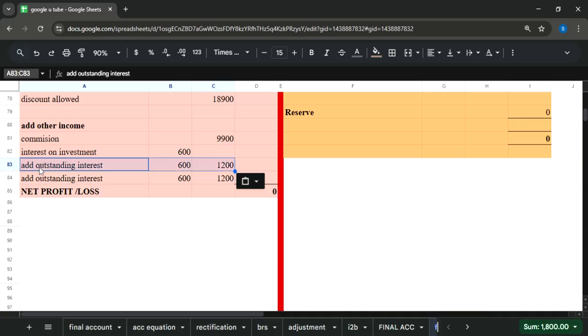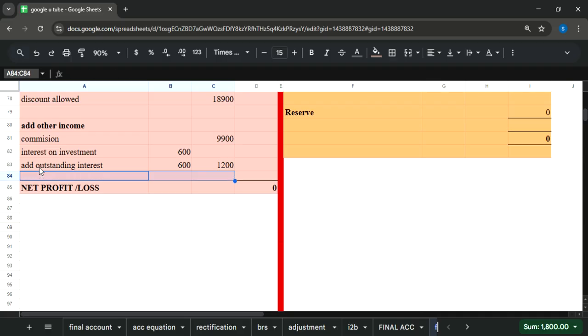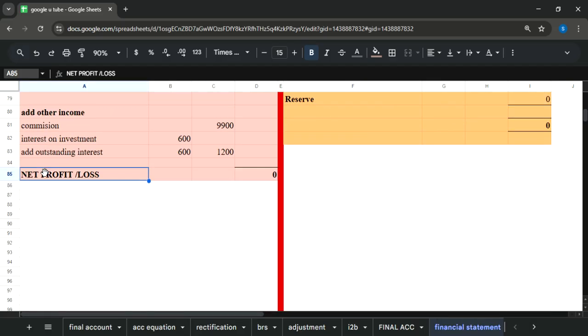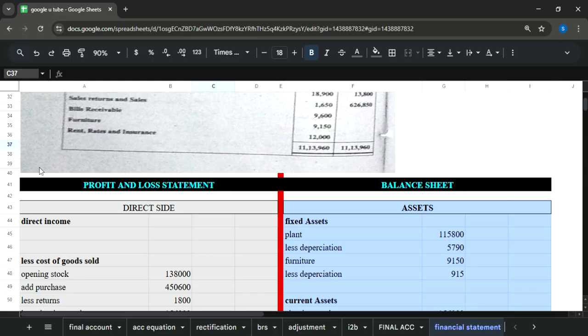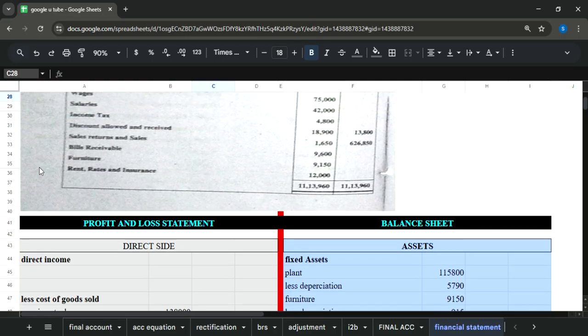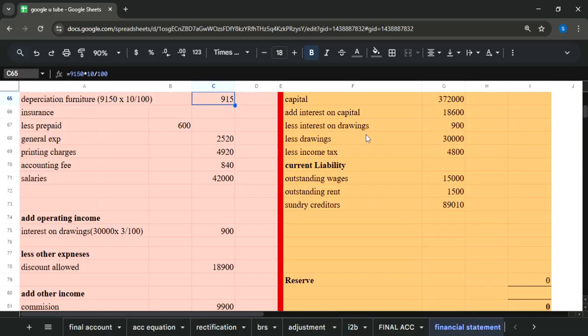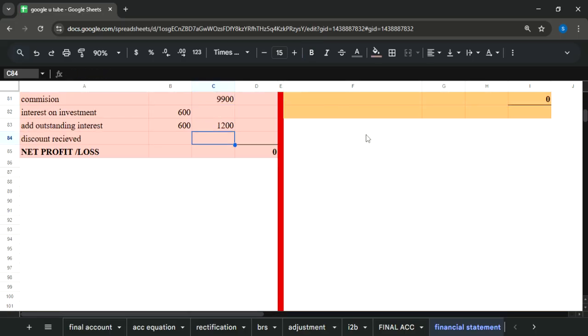Sometimes it would happen in your exam as well, so you must be cool and calm because it would happen. Alright, so what we were going to write, since it's another income, for discount received, and the amount of discount received was, we will see over here, that is 13800. So just write down 13800.